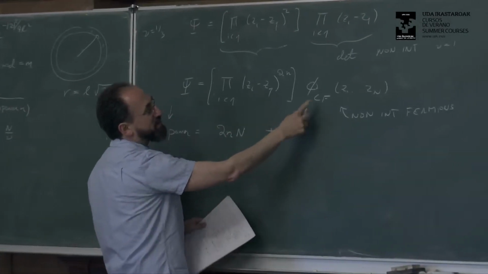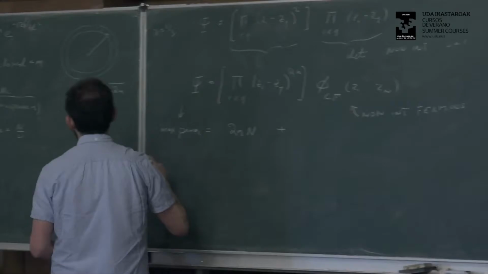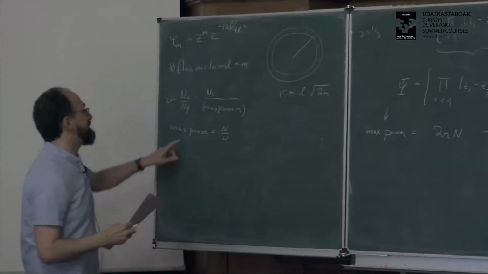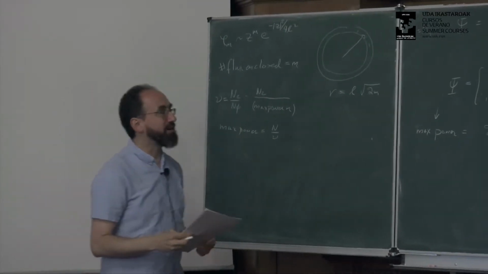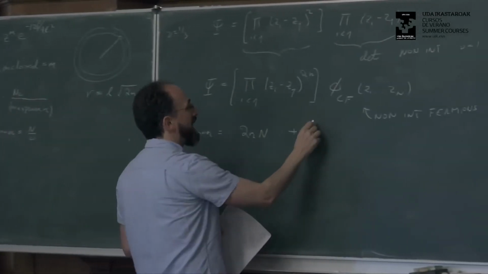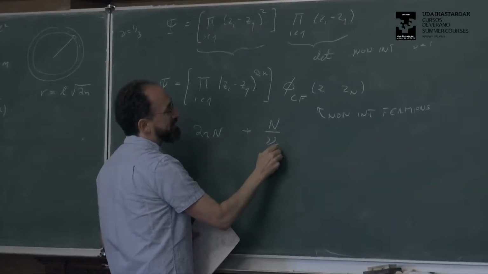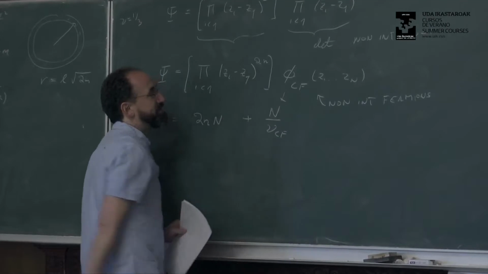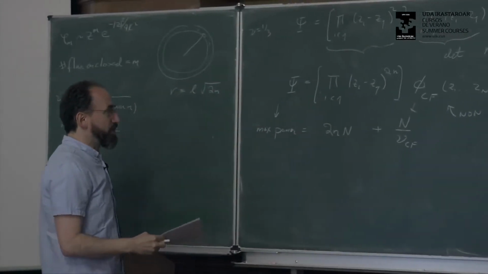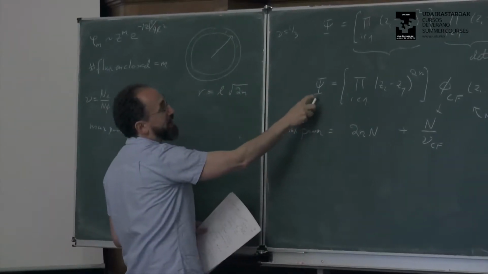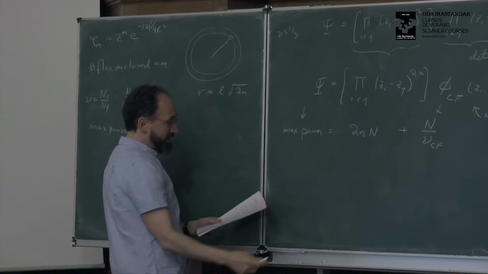If this is at some arbitrary filling fraction, if we come over here, say that the max power is n over the filling fraction, this will be n divided by the filling fraction for the composite fermions from this piece. Okay? So then we want the filling fraction for this final wave function that we wrote down here.